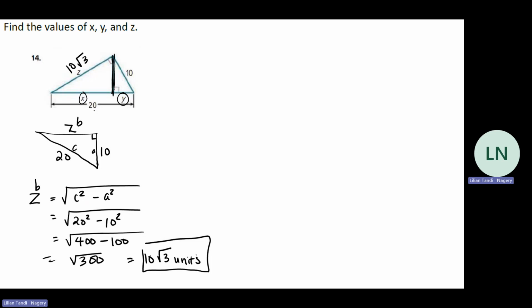So what two numbers can I use? I can use 2 times 10. I'm trying to think.